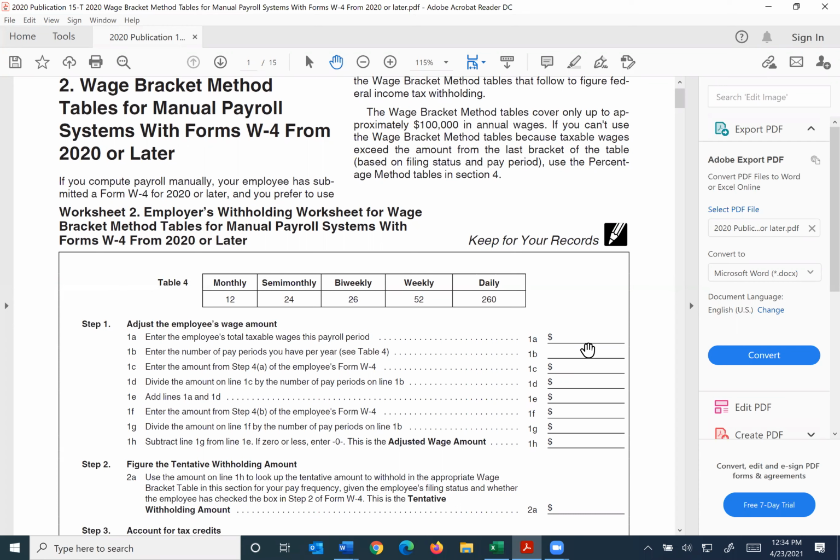The interesting thing here about the IRS and the 2019 W-4 is, in theory, you don't require your employees to change their W-4 unless they need to. And you don't dictate when they change their W-4 form. You may become aware that an employee gets married or has a child.